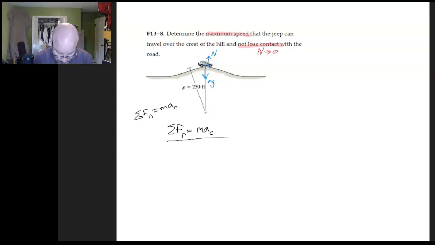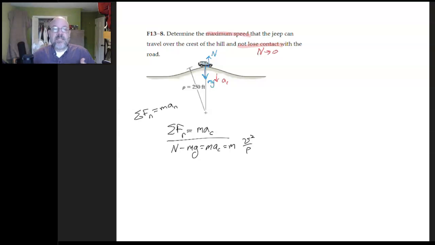So we've got the normal force minus mg, that's ma_c. Now, it's a centripetal acceleration, so we need our v squared over rho term. However, check this out. What is the direction of the centripetal acceleration? It's this way. It's in the same direction as the weight.